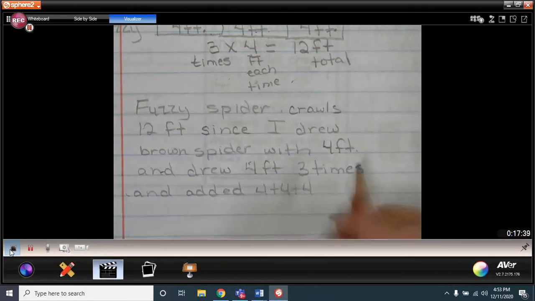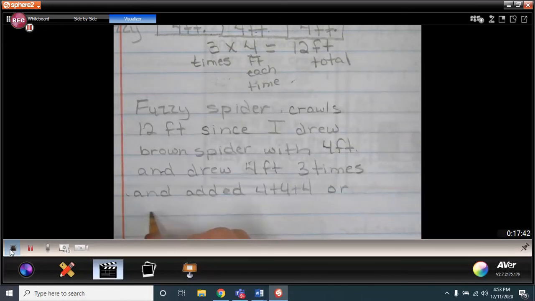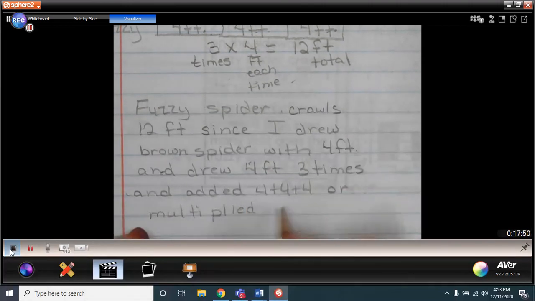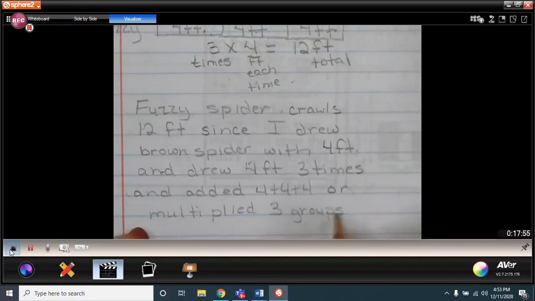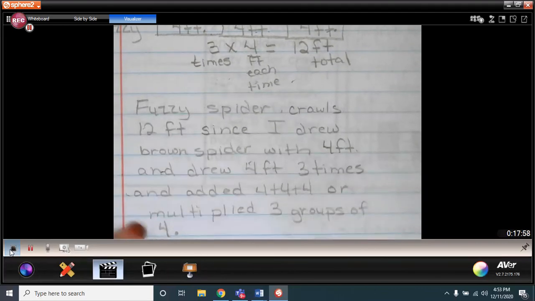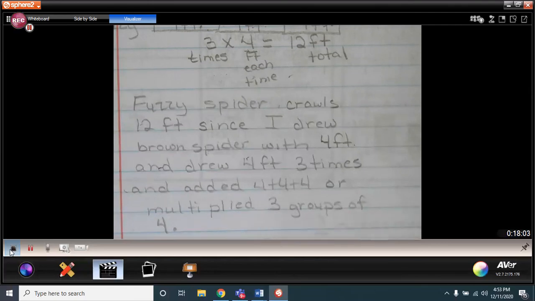So I added 4 plus 4 plus 4, or I multiplied 3 groups of 4. So I'm proving what I'm doing here by saying what I did.